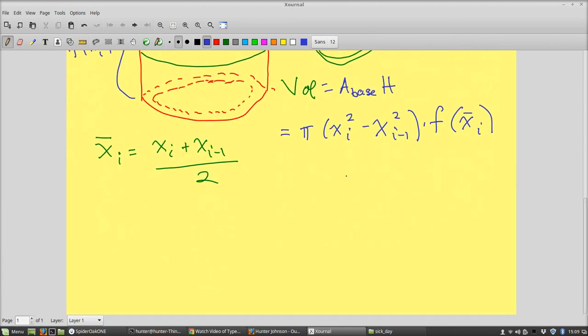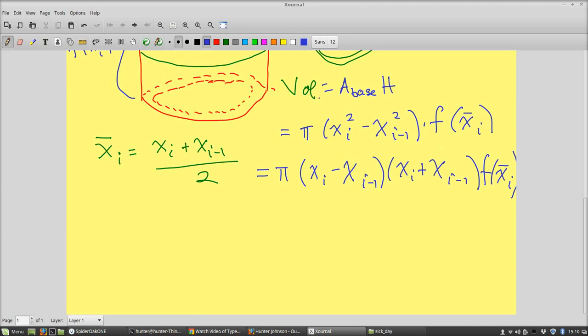Okay, and now I'm just going to chop this up and there are a couple neat things that happen. So first, let's apply the difference of squares formula. So by the difference of squares formula, this is the same thing as xi minus xi minus 1 times xi plus xi minus 1 times f of xi bar.